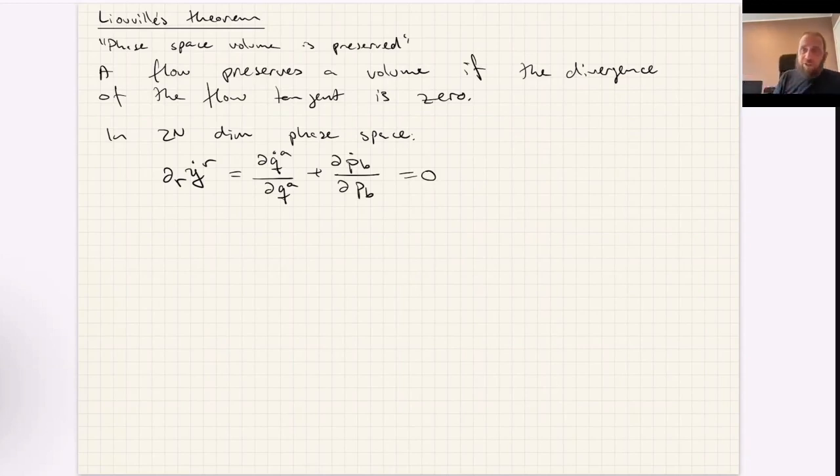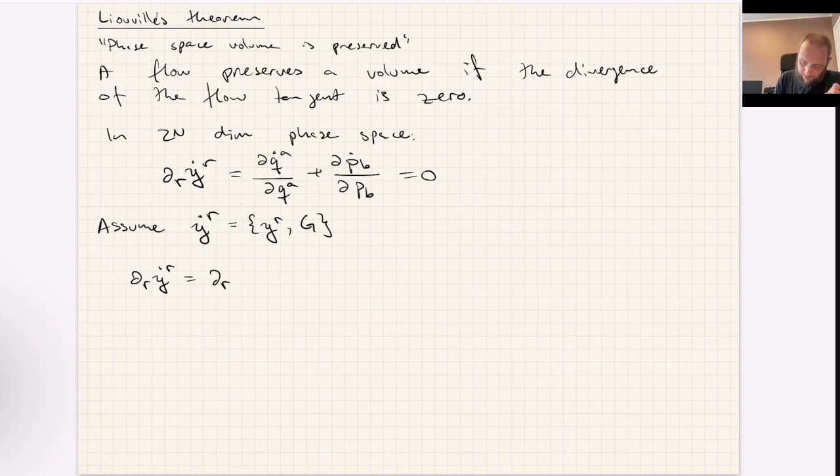So let's now assume that I have a flow that is generated by some function g. So the tangent vector components, they're just given by this Poisson commutator with g. Okay? In that case, what does that mean? Well, it means that if I take this derivative, I can replace y dot r by this Poisson commutator.